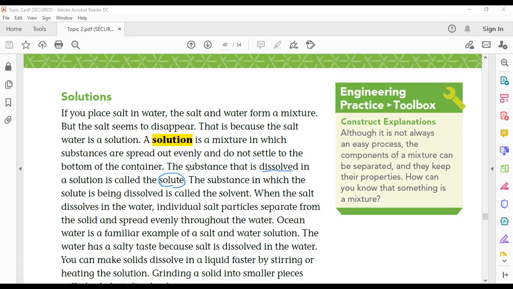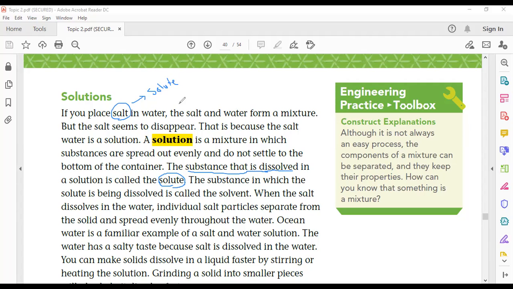The substance that is dissolved in a solution is called the solute. In the previous example, salt is what? A solute. Understood? Right. Is it clear?